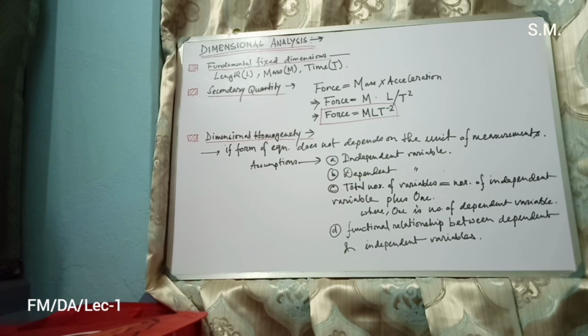So in a problem there is one dependent variable and the other variables are independent variables. And number D: dimensional analysis is used to obtain a functional relationship between dependent and independent variables.